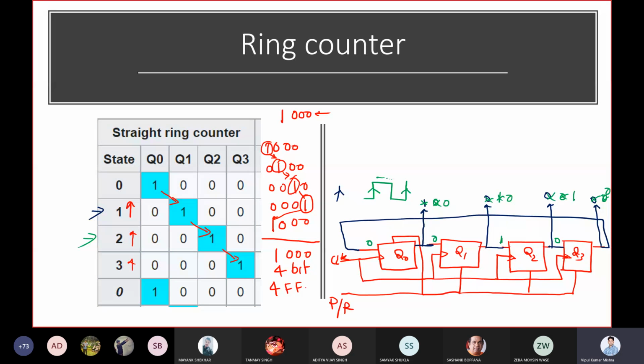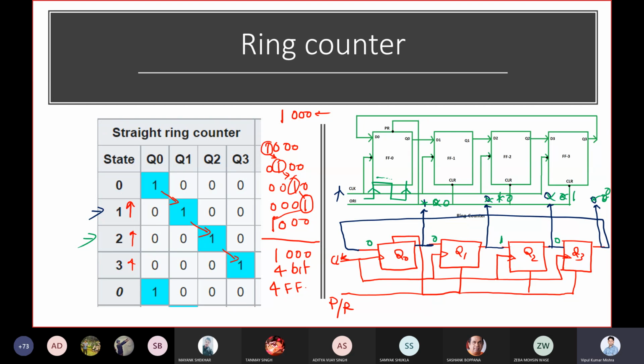In that way, your ring counter is operating. Got it? Anyone, any doubt on this? Guys, any doubt on this? Anyone, any doubt on this? No, sir. Right.